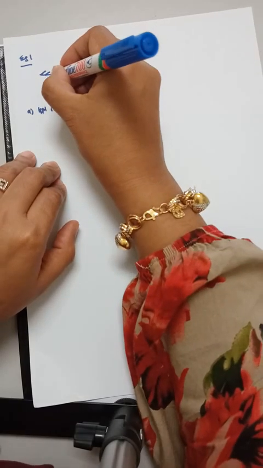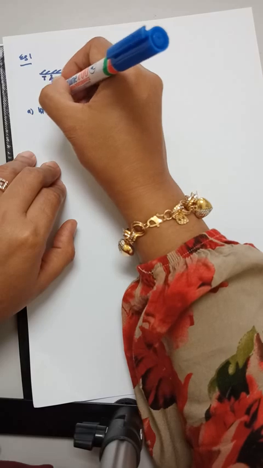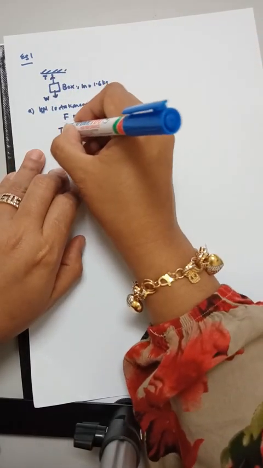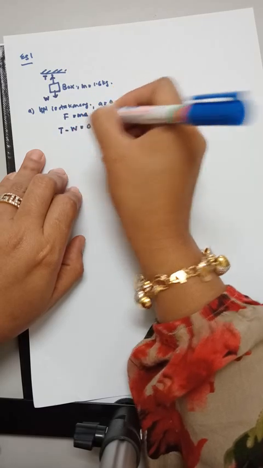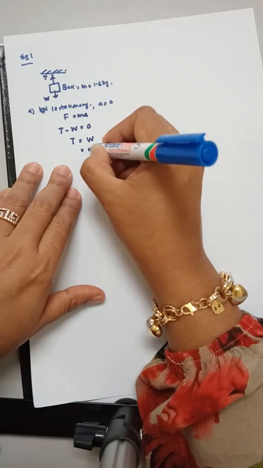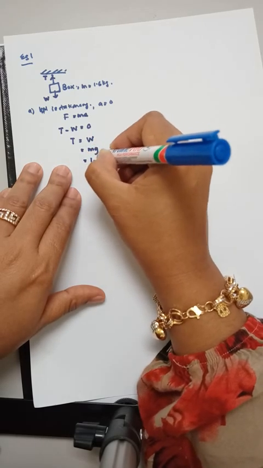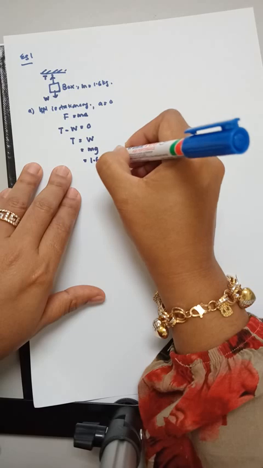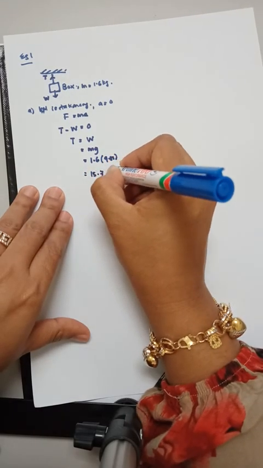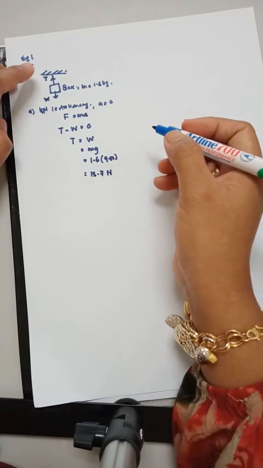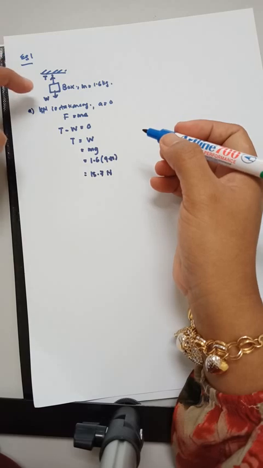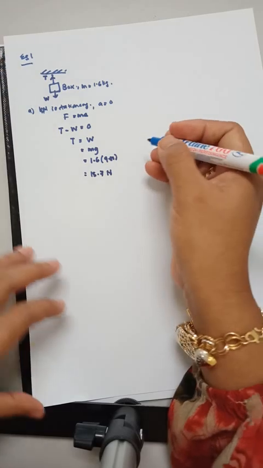So there is tension here and weight here. If it is stationary, it means T minus W will be 0. T will be W. W is M times G. M is 1.6 times G 9.81. So we get 15.7 Newton for the tension. For a spring we call it tension. For an ordinary object we call it reaction force. So T behaves like a reaction force.